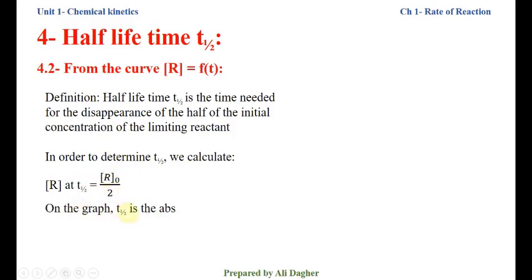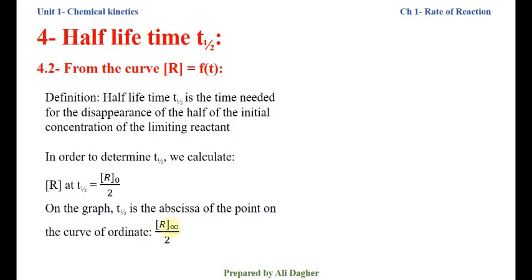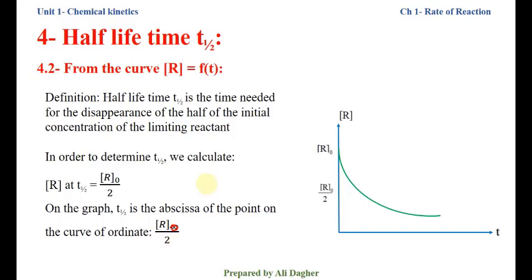On the graph, T-half is the abscissa of the point on the curve of ordinate initial concentration of reactant over 2. Now, on the curve, this is the initial concentration of reactant, and this is the initial concentration over 2.